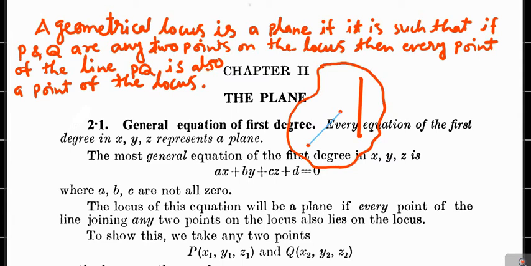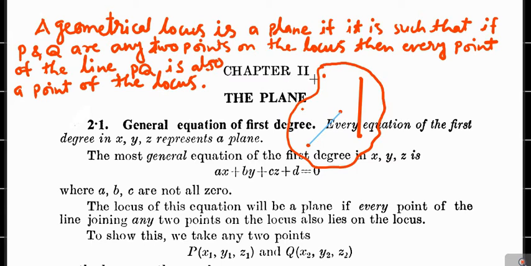Next, if we consider one point here and the other point here, and join these two points by a line, let us check whether that line completely lies in this locus or not.